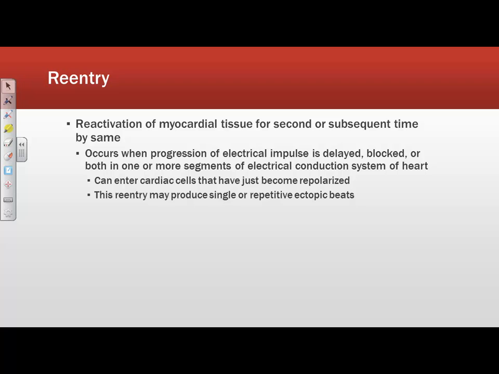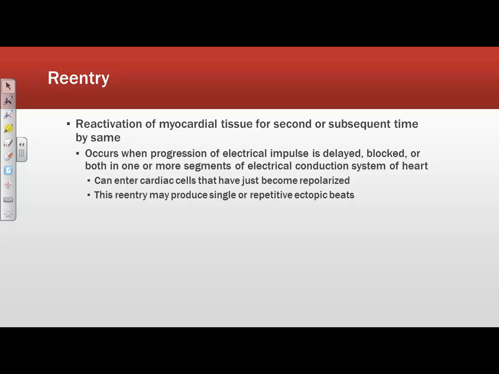So what's it going to do? It's going to hit the block, turn around, go back around through everything, and then find its way to go back through that block the other way. And that will be reentry. It is re-entering into that area.